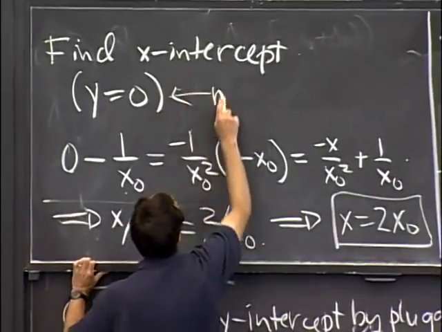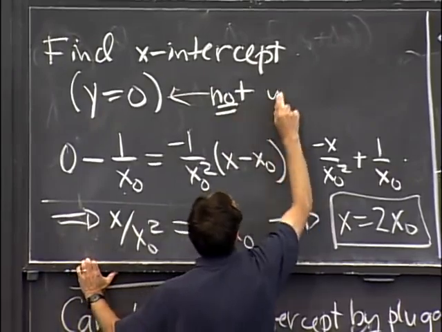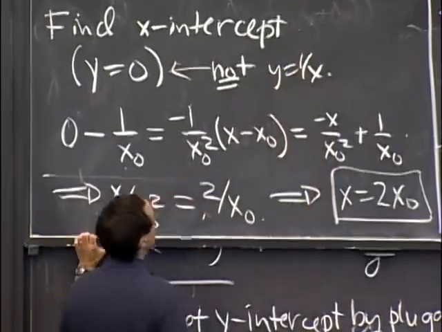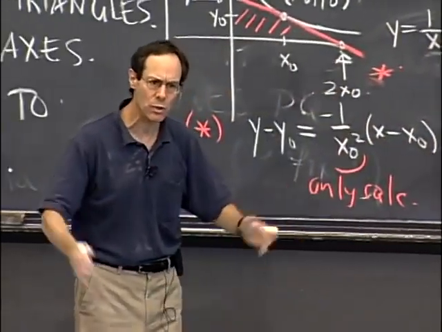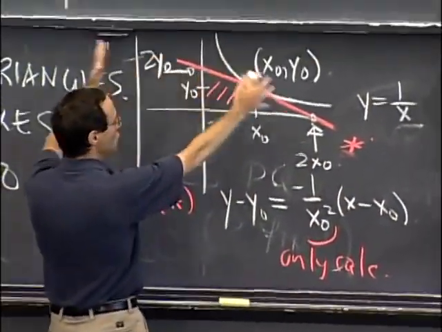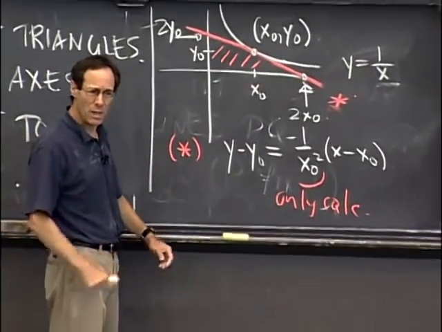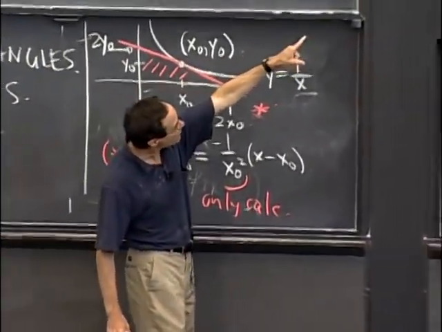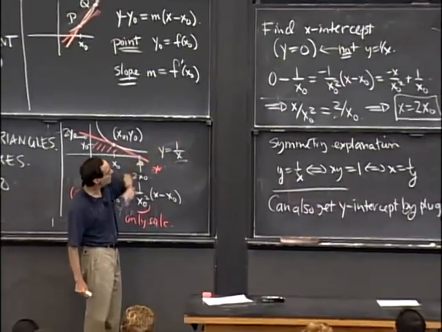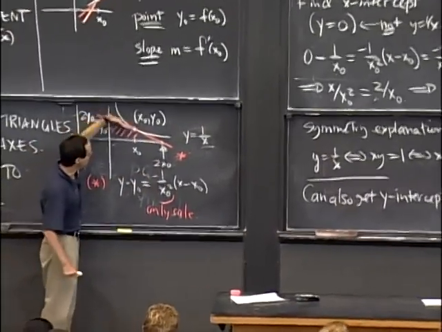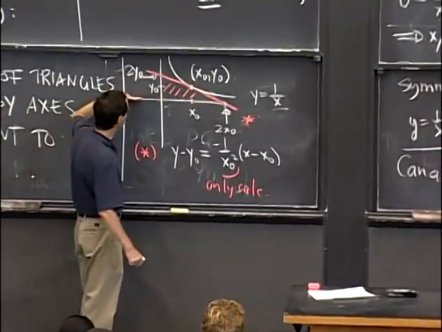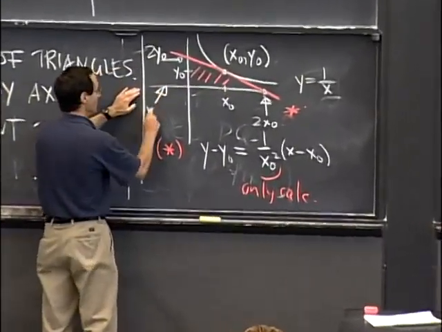So this is not y equals 1 over x. That's the wrong thing to do. That's an easy mistake to make if the formulas are all a blur to you and you're not paying attention to where they are on the diagram. You see, that x-intercept calculation there involved where this horizontal line met this diagonal line, and y equals 0 represented this line here.